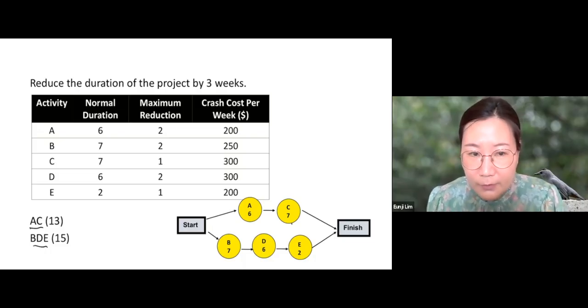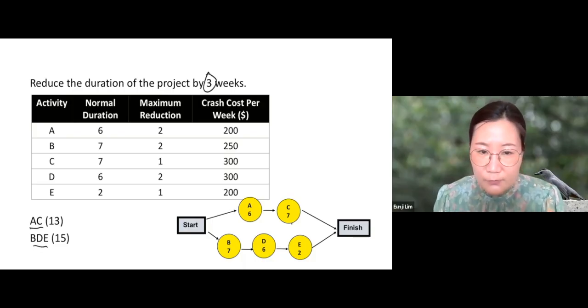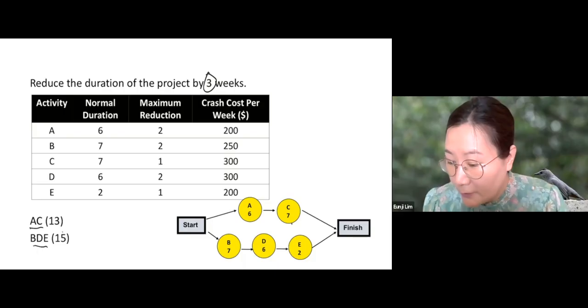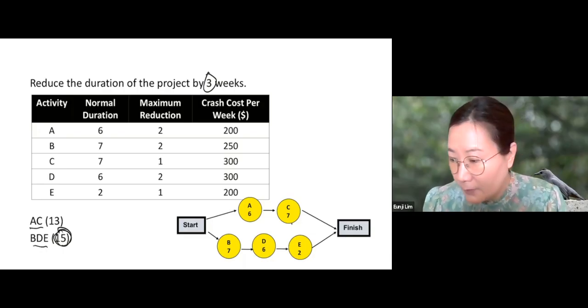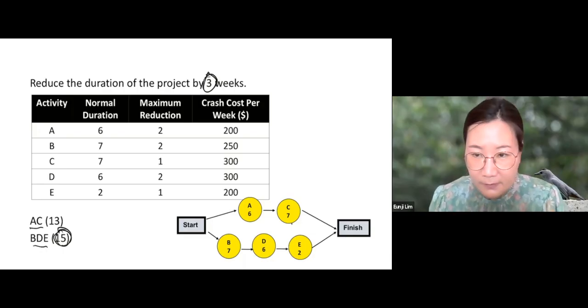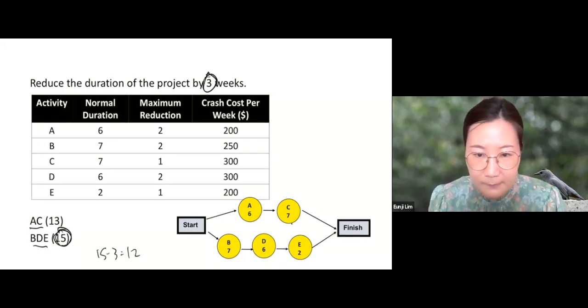Now we want to reduce the duration of the entire project by 3 weeks. Now we know that the duration of the entire project is 15. If you want to reduce it by 3 weeks, that means we want to make the duration of the entire project 12 weeks. 15 minus 3, 12 weeks.